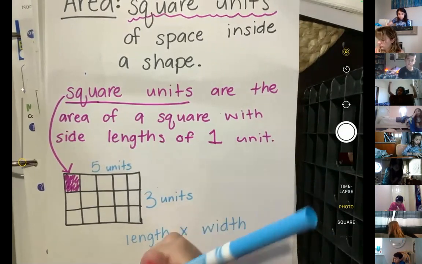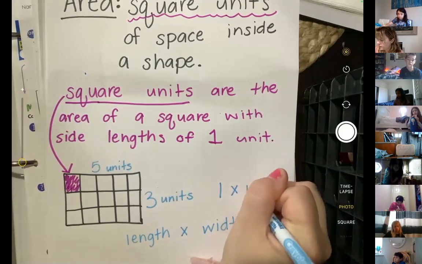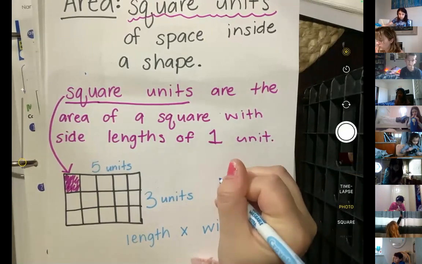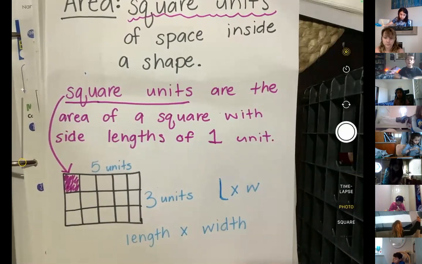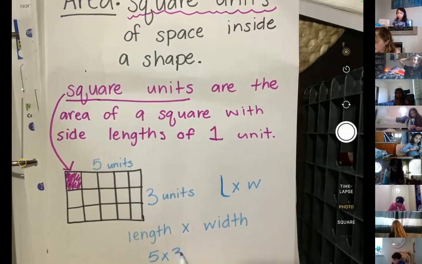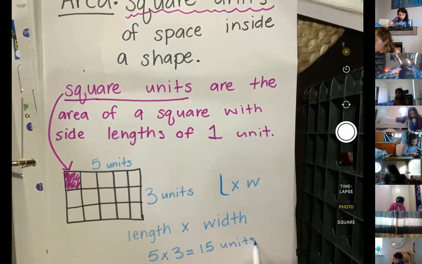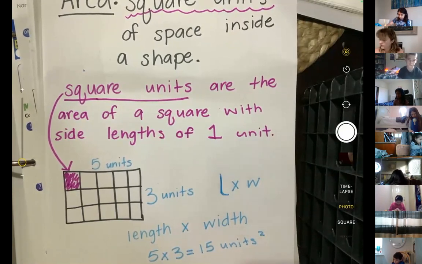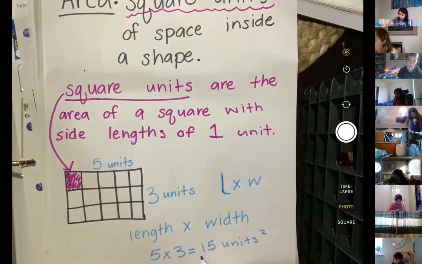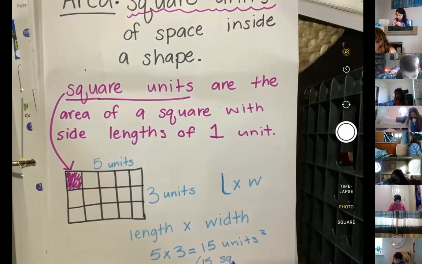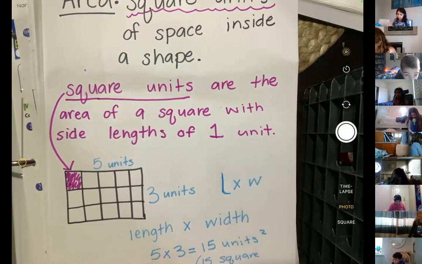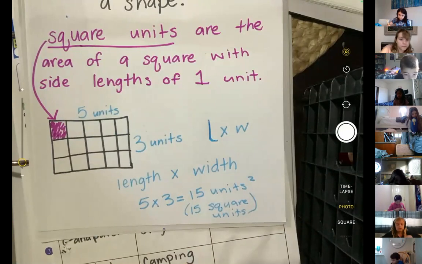Okay. Or you might see that as L times W. Make sure you know that's an L. L times W. So for this one, it would be 5 times 3, and you'd get 15 square units, or 15 units squared. That's another way you could write it.